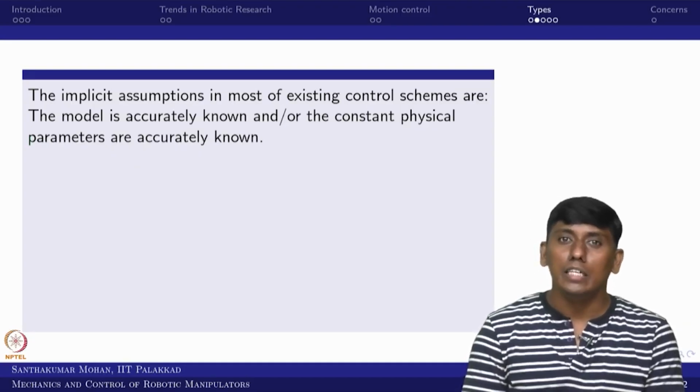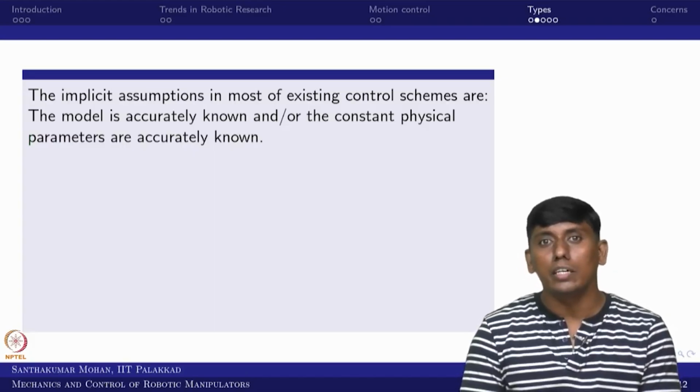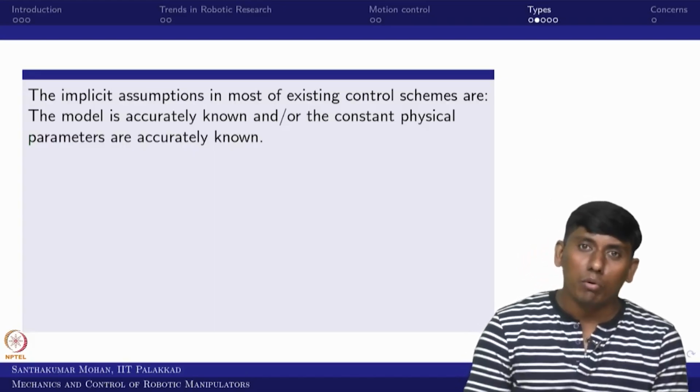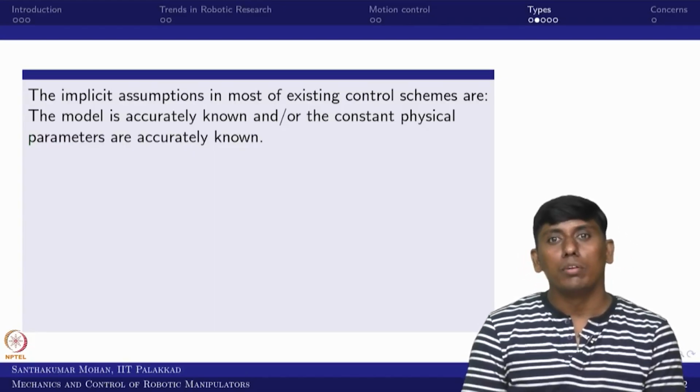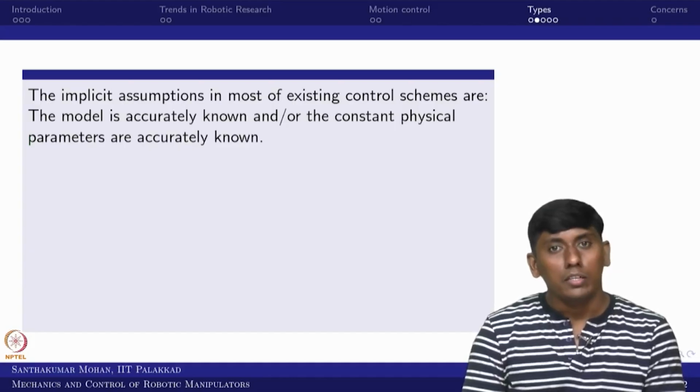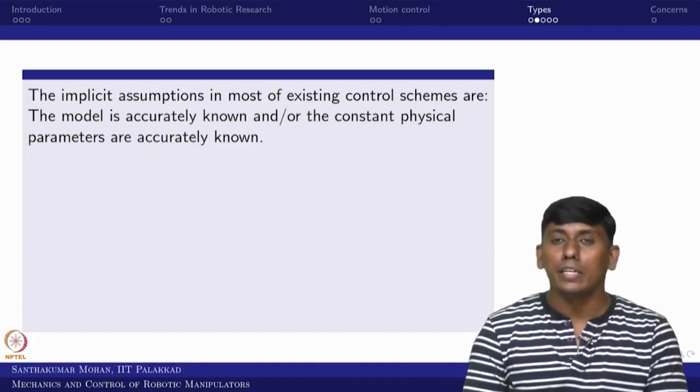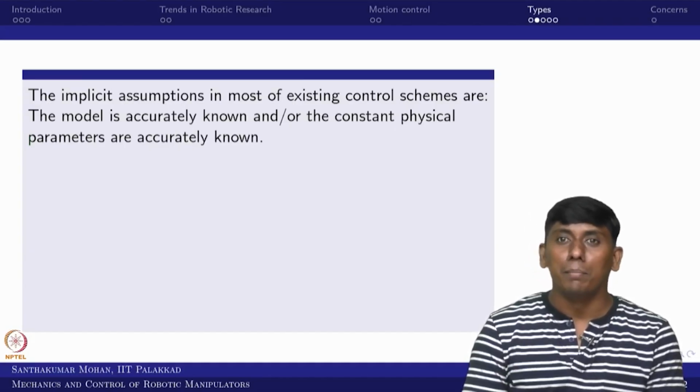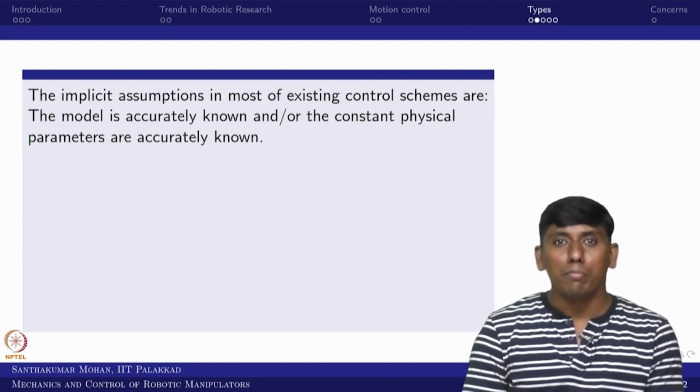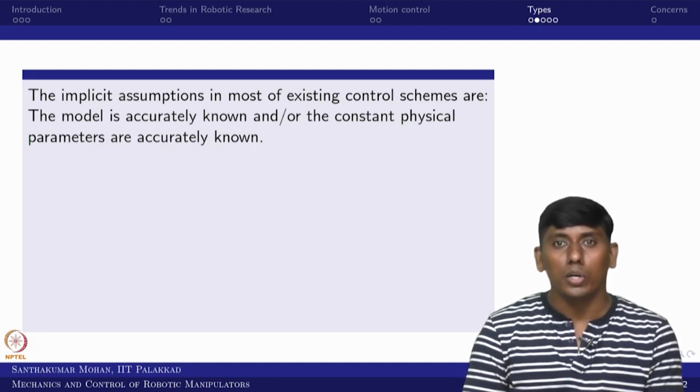So for that we try to come up with two different strategies. One is what we call robust control, the other one we call adaptive control. Both are trying to compensate for the perturbation due to model uncertainty, or sensing or sensor noises and all.